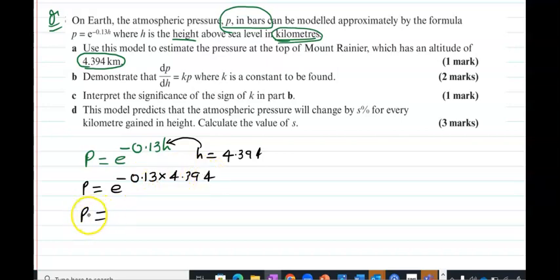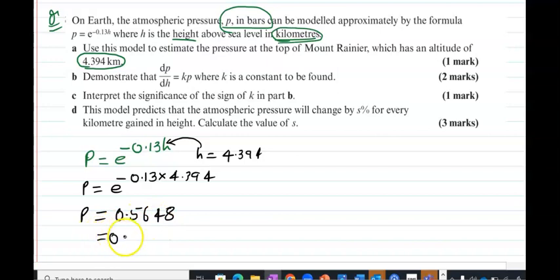Tell me how much you are getting as the answer? 0.56. Okay, 0.5648. Yeah. So we can round it off to 0.565, right? And pressure is calculated in bars, so you must put the unit here, bars. This is your first part.